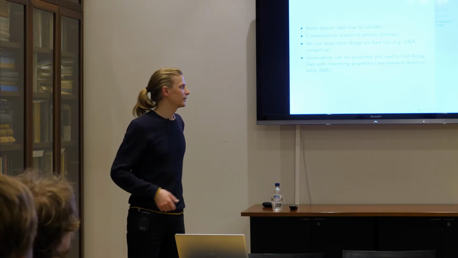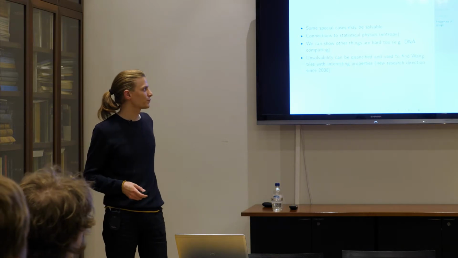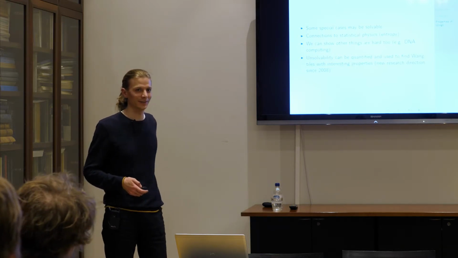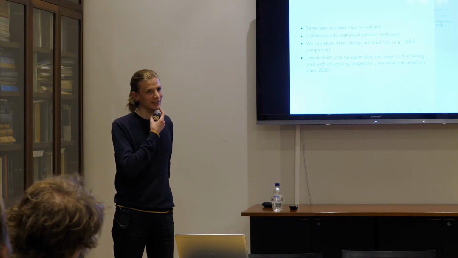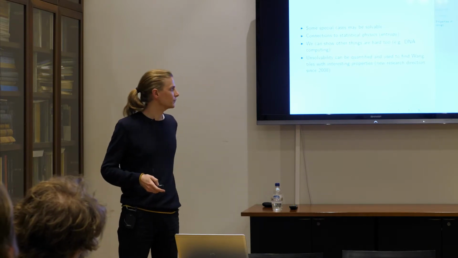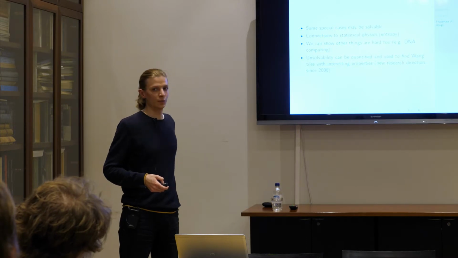And fourth, in this abstract theory of tiling systems, we can also use this unsolvability in some sense. We can quantify it. So it turns out that there are different degrees of unsolvability. So some unsolvable things are more unsolvable than others.